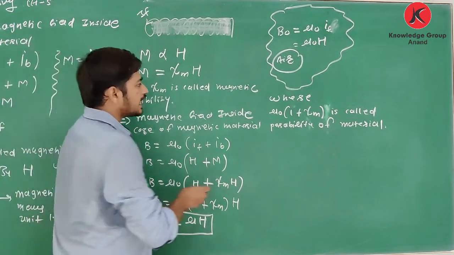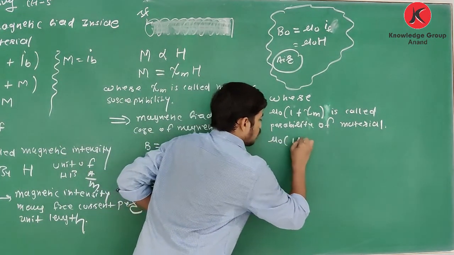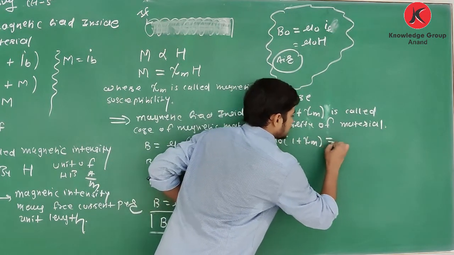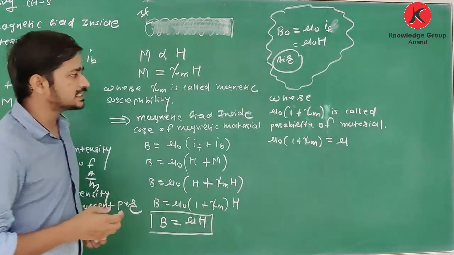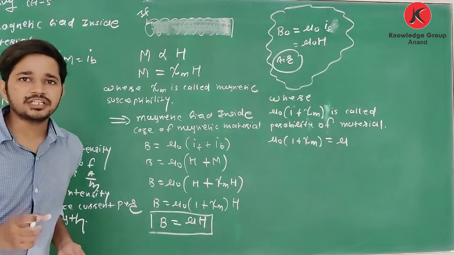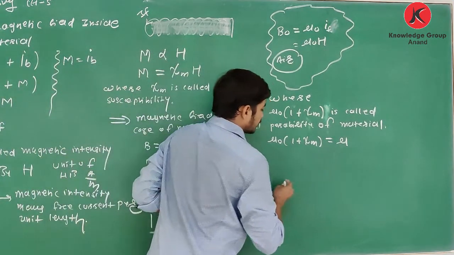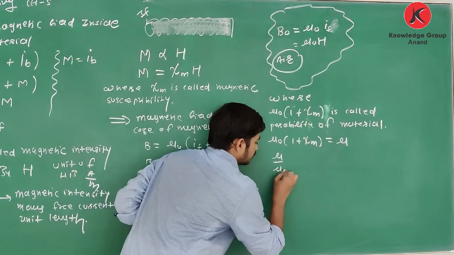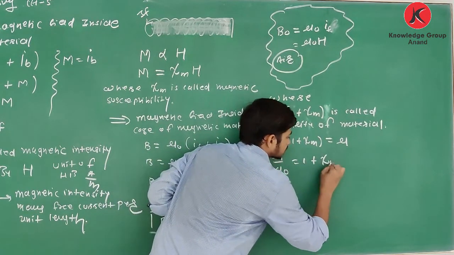Yes, I can write this mu 0 1 plus chi m as mu, that is the permeability of the material. Clear? So now from this equation, if I make mu upon mu 0 the subject, it is 1 plus chi m.